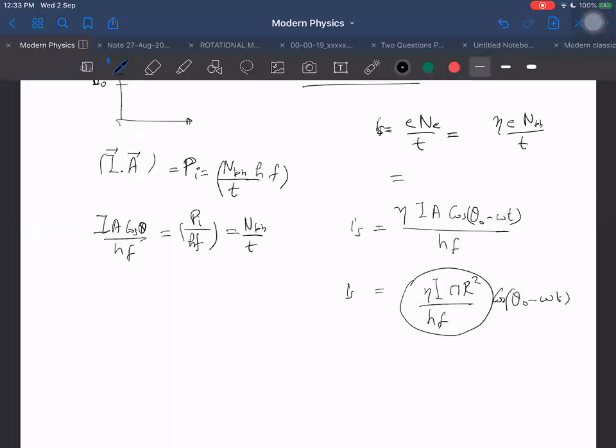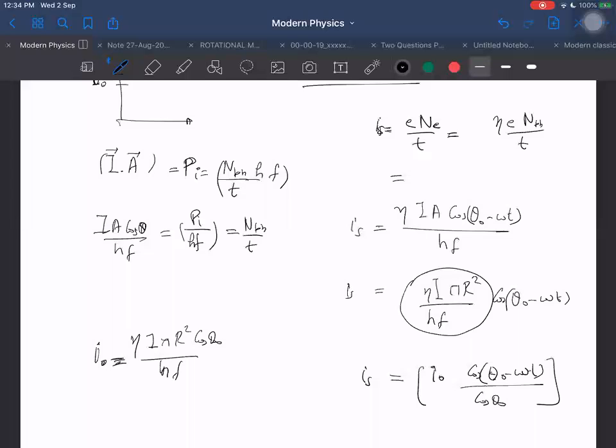This whole was what here? If I write initially I eta pi r square cos theta naught upon hf, it was the initial current which was given as I naught. Then I can write I_s equal to I naught by cos theta naught into cos theta naught minus omega t divided by cos theta naught.